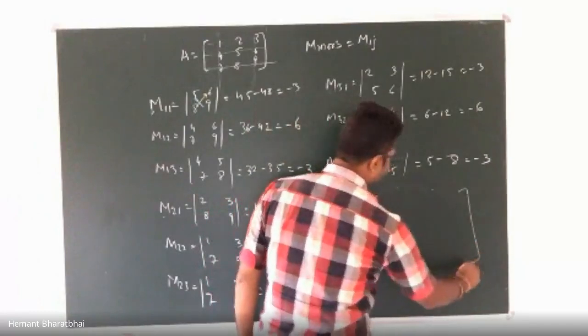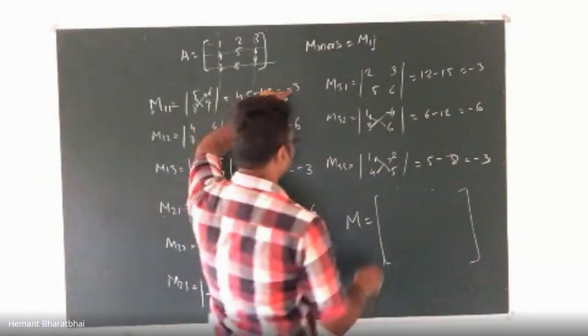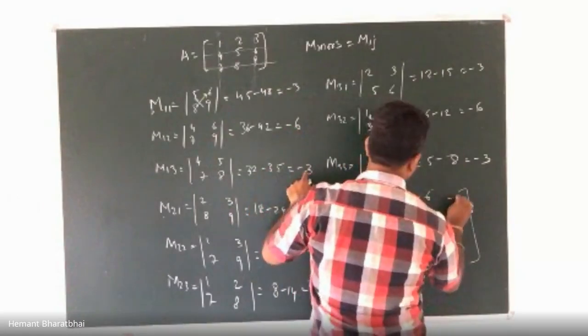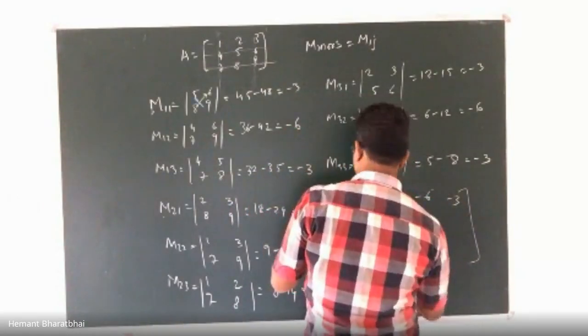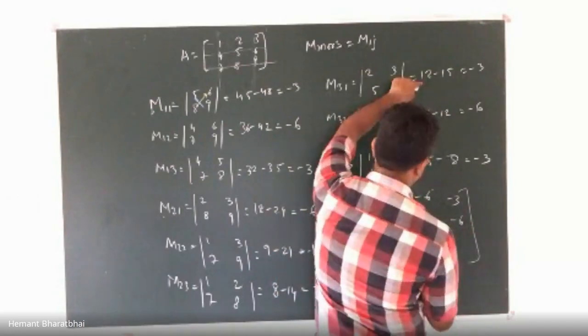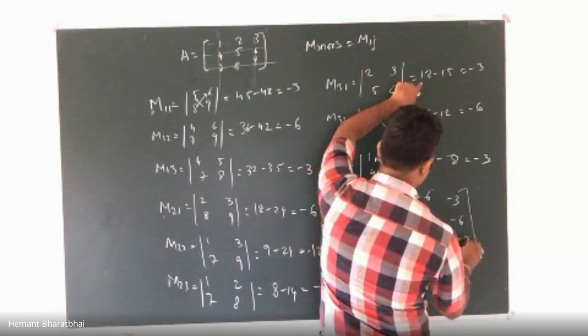So I write all these elements over here. So my minor matrix will be minus 3, then minus 6, then minus 3, then minus 6, then minus 12, then minus 6, then minus 3, minus 6, minus 3.